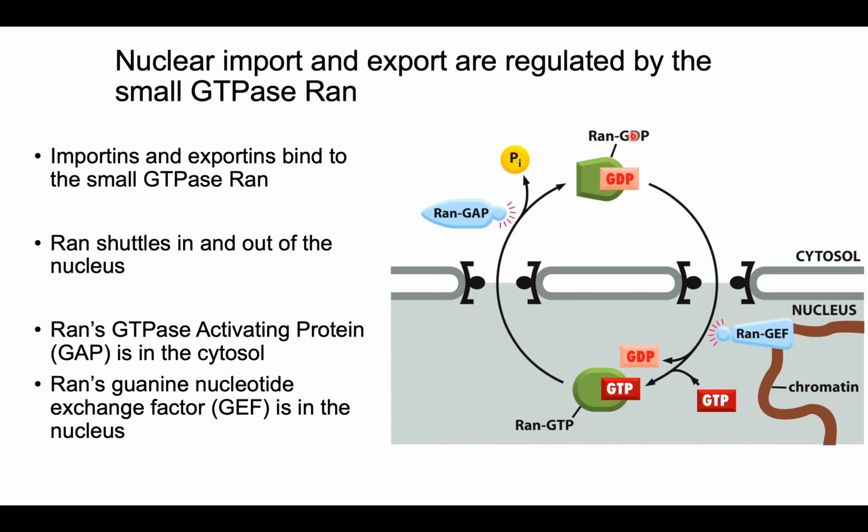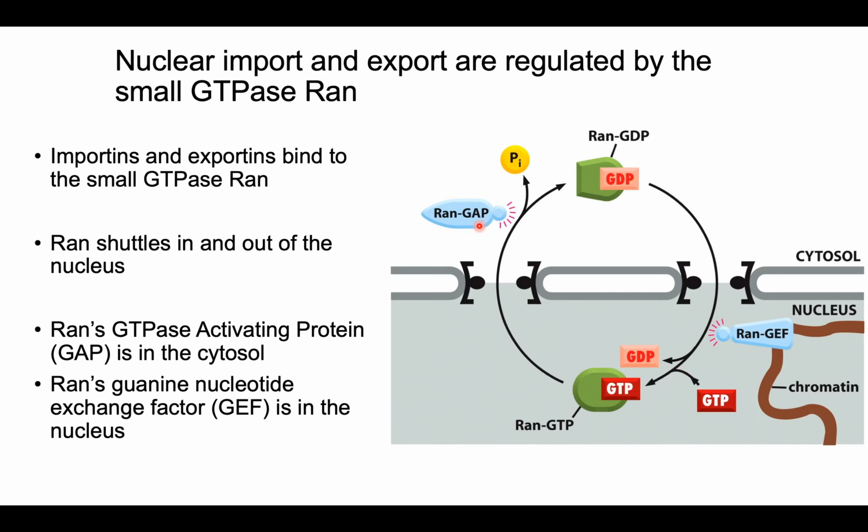So Ran GDP is able to bind another molecule. Once it does, it can come into the nucleus, where it will interact with this Ran GEF. And GEF stands for guanine nucleotide exchange factor. So this is just going to exchange a GDP for a GTP, and we can start the cycle all over again.